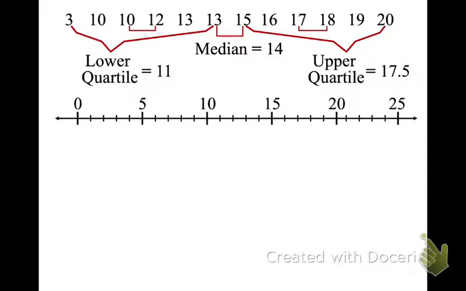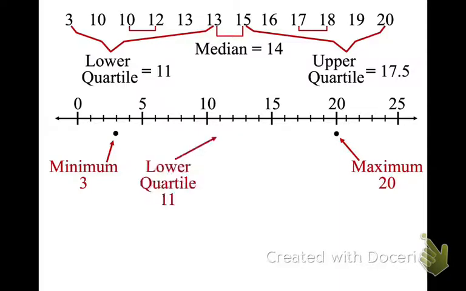So I'm going to put a dot right at the 3. Okay? That's 1, 2, 3. And then my maximum number would be 20. So I'm going to put a dot there. Okay? And then we're going to put a dot at the median, which is 14.